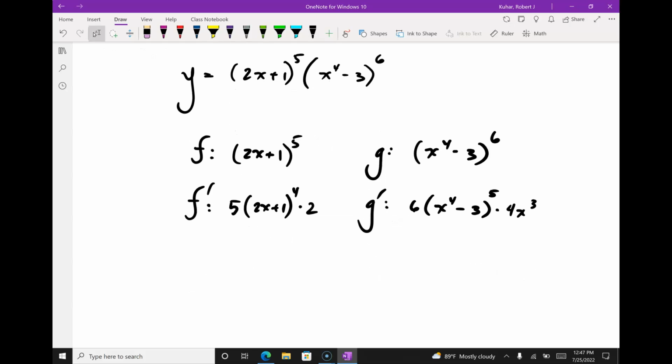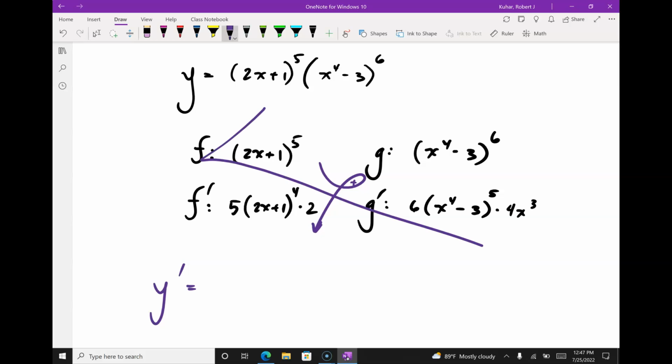Everybody with me? Product rule. So y prime, I'm going to gather up these terms first.